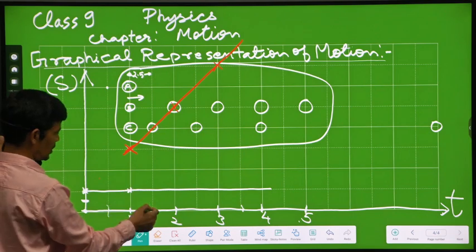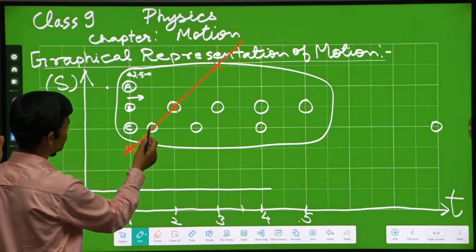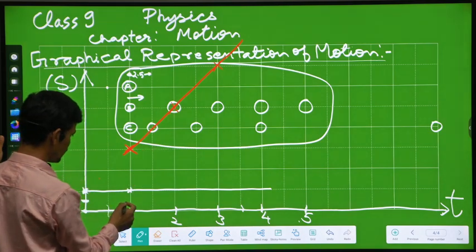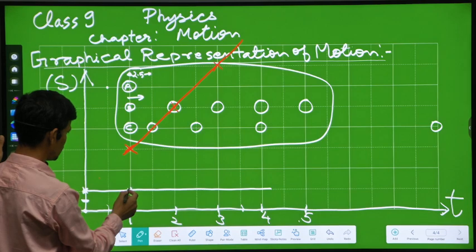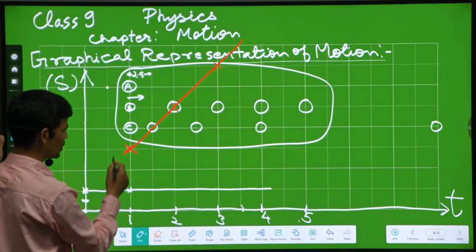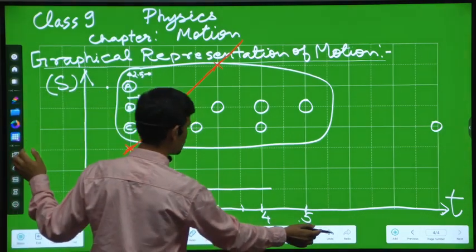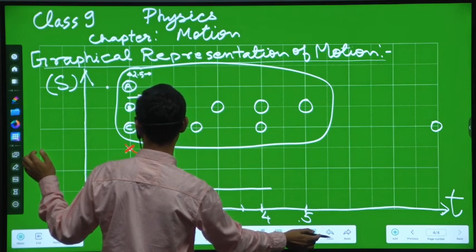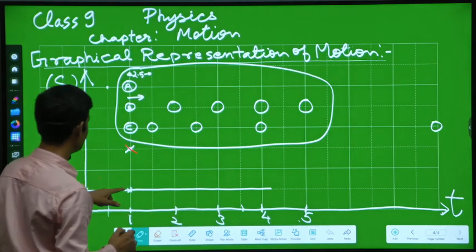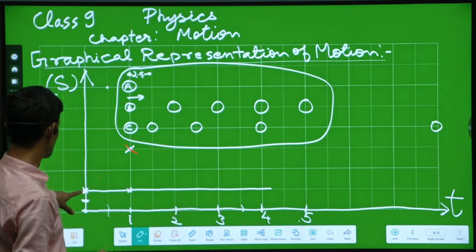It was at 1 second, it was at 2.5. Oh, I think I have drawn it wrong. At 0 it was here.